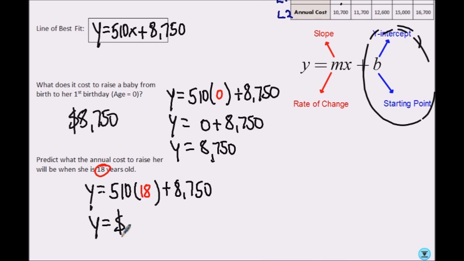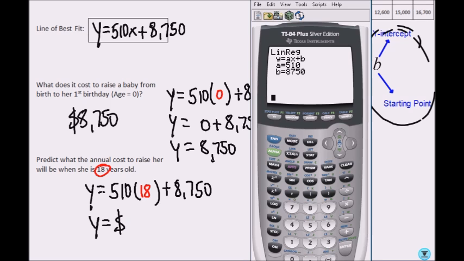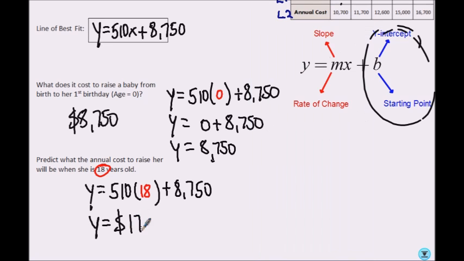And you know, we could put this in the calculator. Actually, let me do that. Let's do 510 times 18, so $510 per year for 18 years, plus what the starting amount was, 8,750. So we get a total of 17,000.